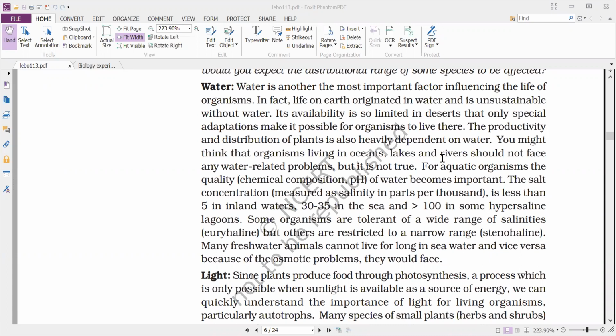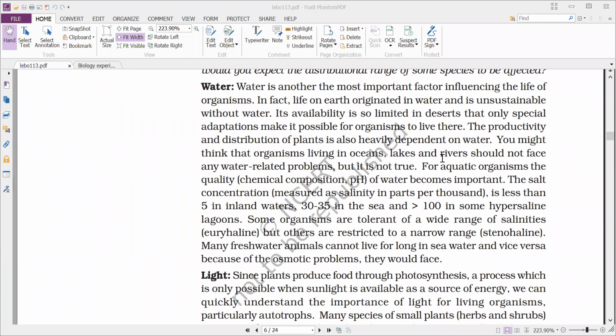But those organisms which are living in the estuary, what are estuaries? Can anyone tell what is meant by estuary? No, sir.